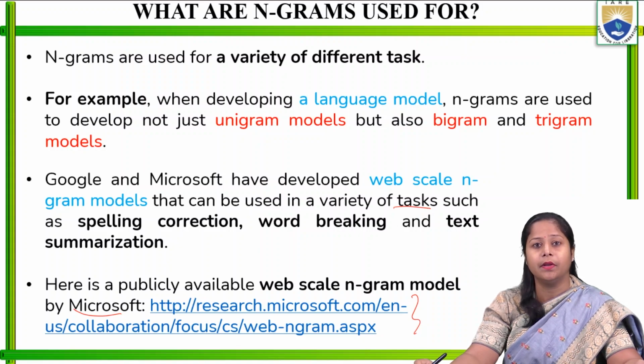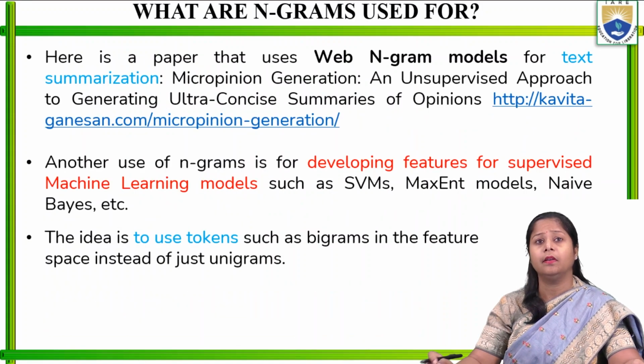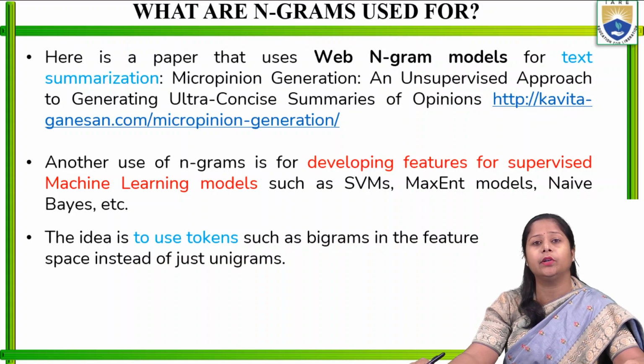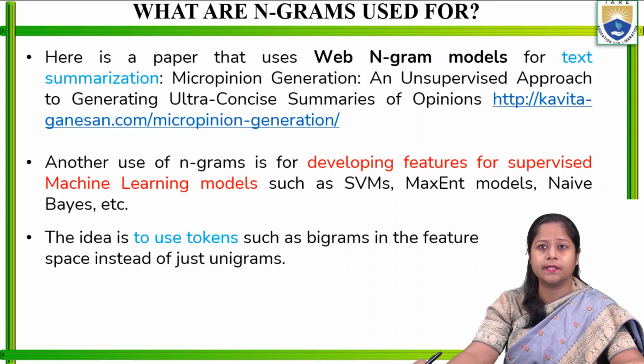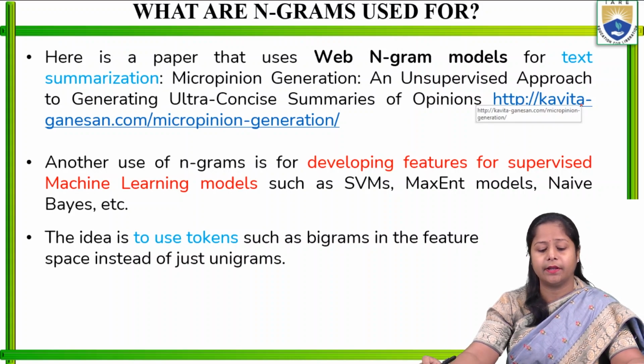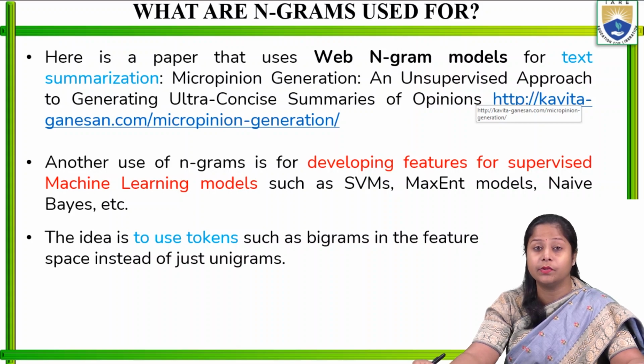Here is also a paper that uses the web n-gram model for text summarization, used for micro opinion generation, an unsupervised approach for generating ultra concise summaries of opinions at one place. Clicking on that link shows opinions from different people and how they have been summarized at one place using this n-gram model.